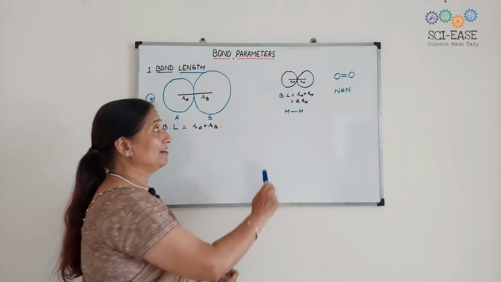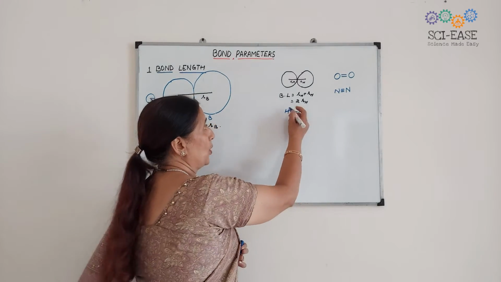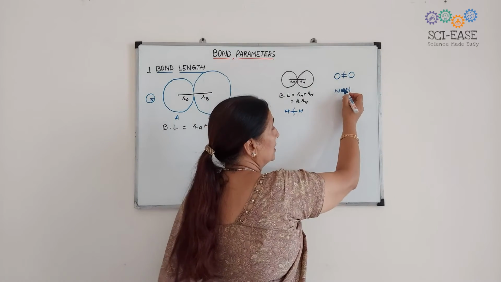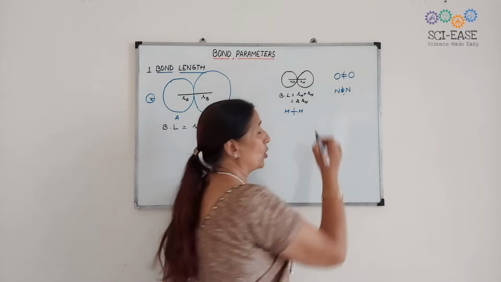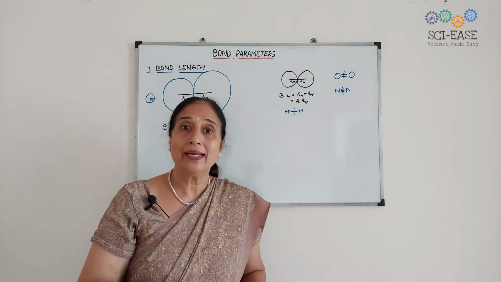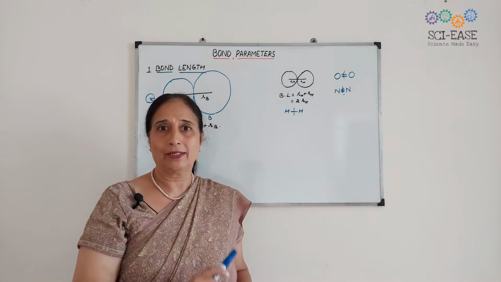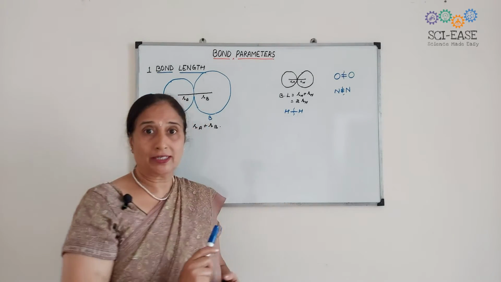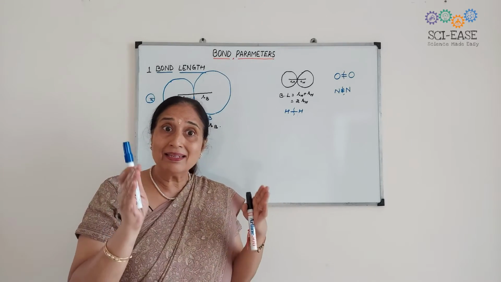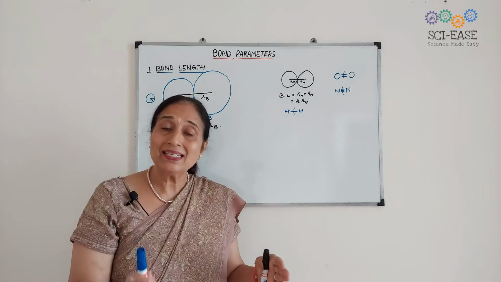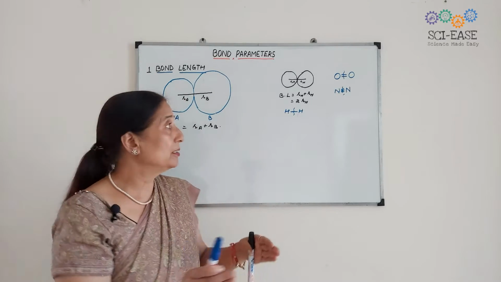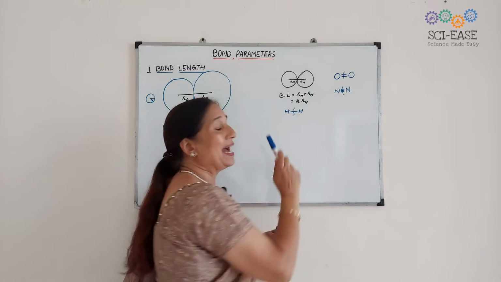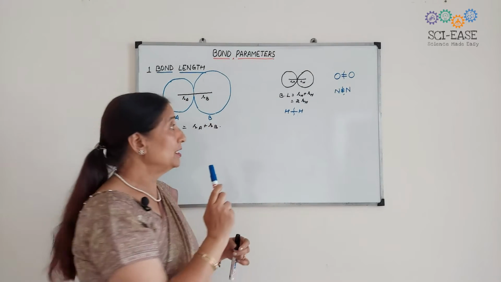Now, one thing: when I want to break the HH bond or OO bond or NN bond, energy is required to break the bond. In the case of a single bond, where the length is longer, lesser energy is required to break the bond. But in the case of a double bond, the energy will be more than for the hydrogen molecule.